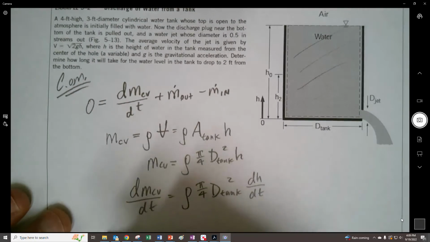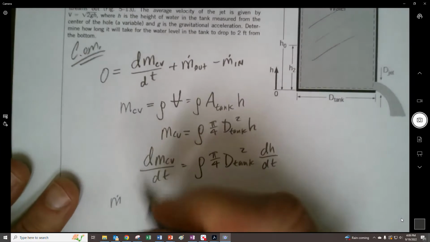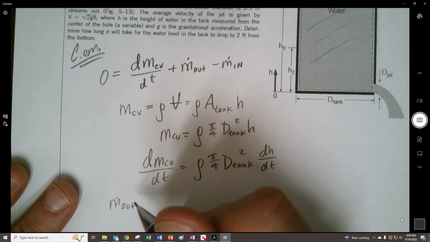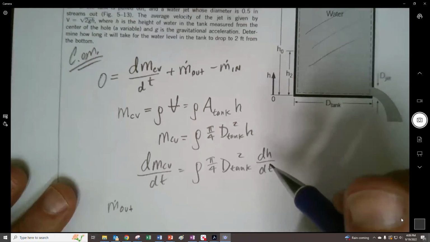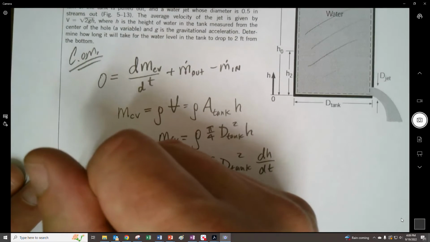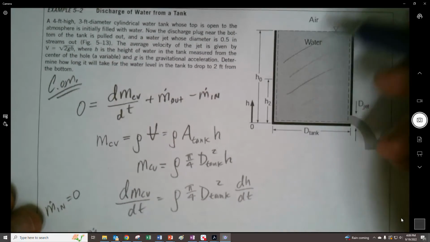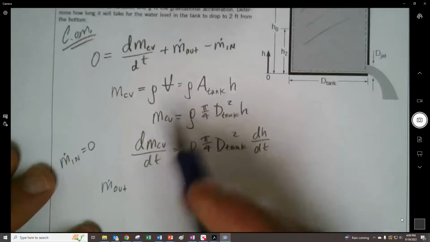All right, so we have the m dot out, and m dot in is going to be 0, because there's no valve or refill right here. All we have is m dot out.